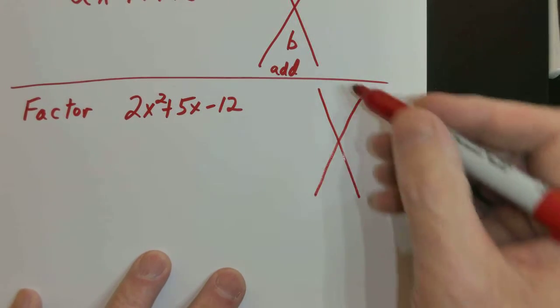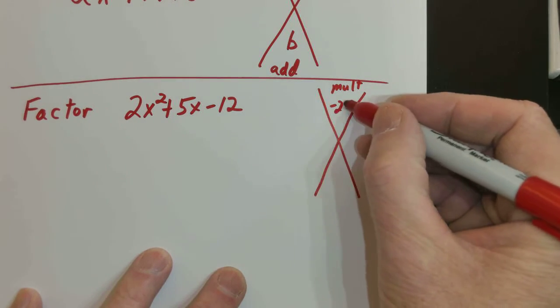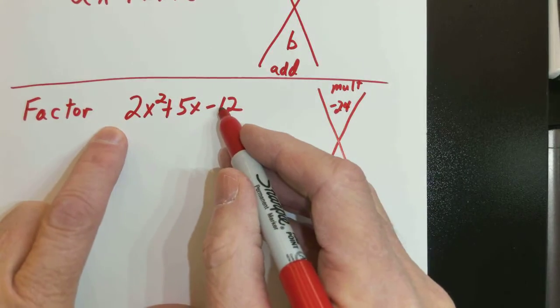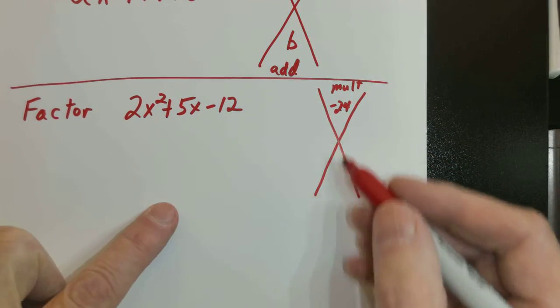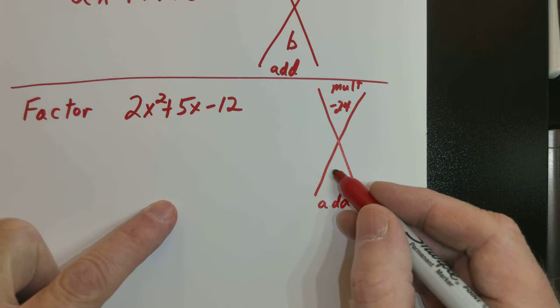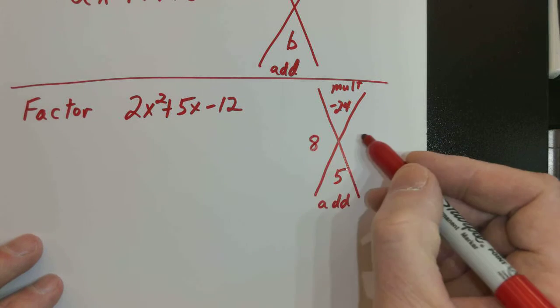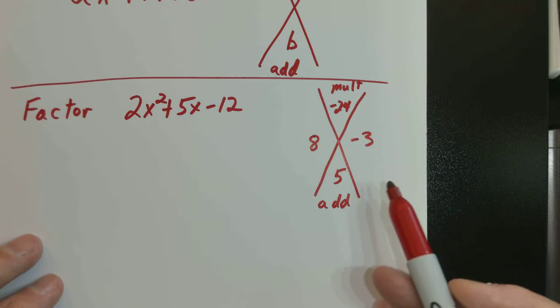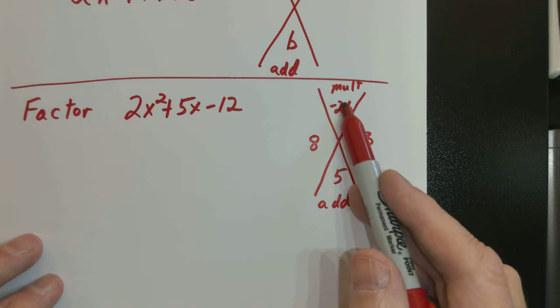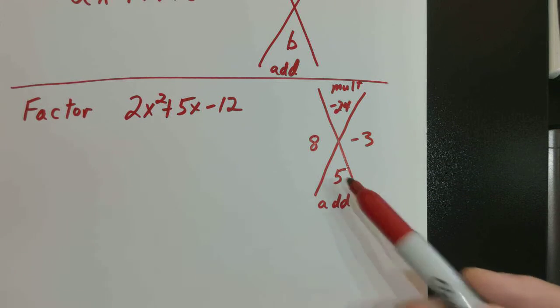I'm going to make my little x here, and I'm going to multiply so I get negative 24. 2 times negative 12, right? I need two numbers that multiply to that, and I need them to add up to 5. What do you think, Ryan? 8 and negative 3. Okay? 8 times negative 3 is negative 24. 8 plus negative 3 is 5.